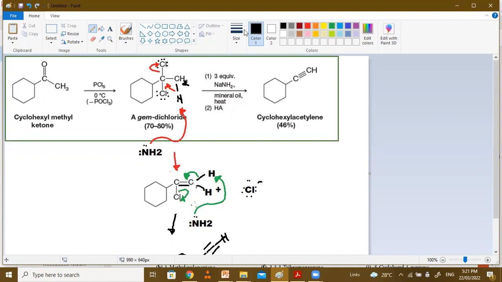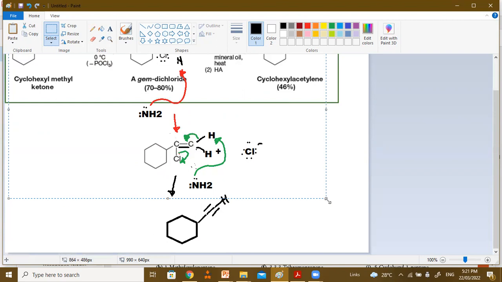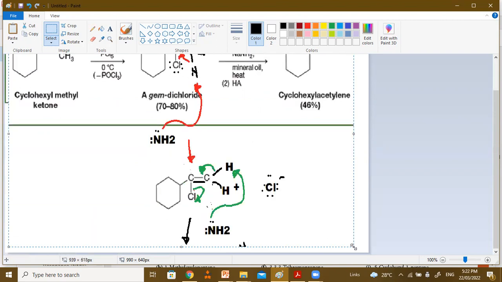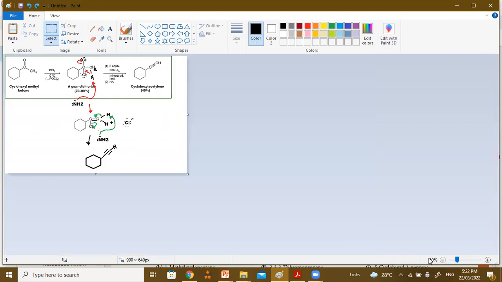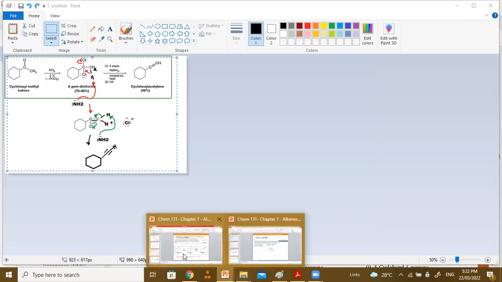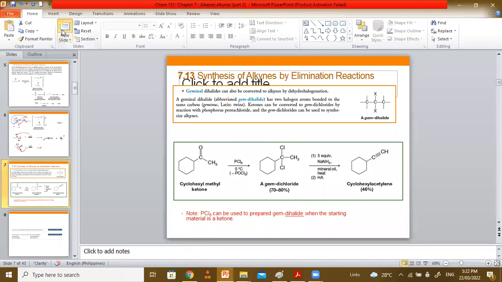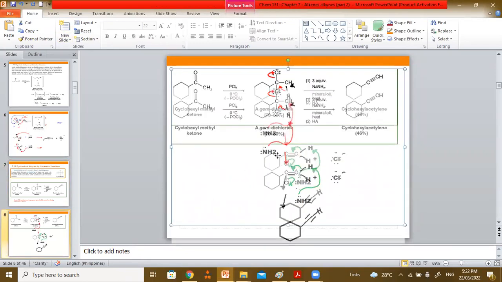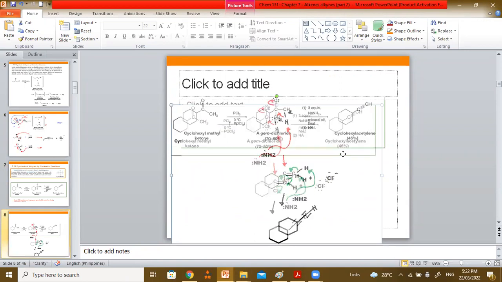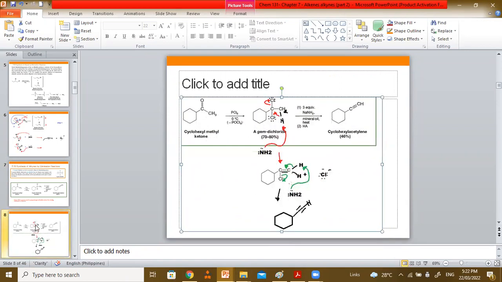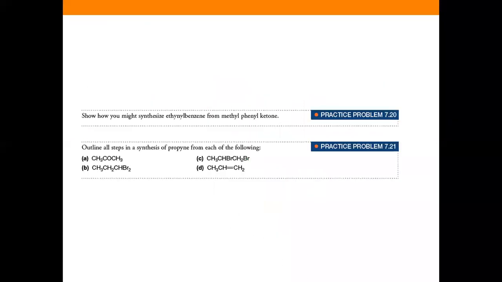Okay, so if for example you get lost, you are stuck, and you don't know how the reaction proceeds, you always have to use your arrows, you always have to find your electrons, your base, and which atom it will attack, so that you can have an idea what your product will be. Okay, so you can practice on this one, 7.21.